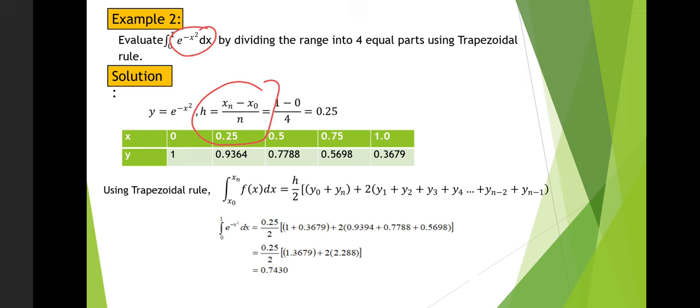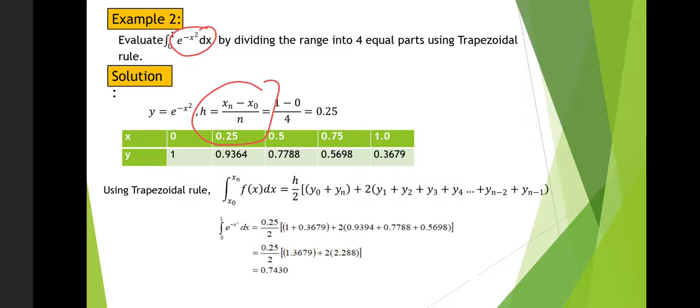Next we calculate the value of y equal to e power minus x square for each value of x. These values are shown in the table. Now apply the trapezoidal rule.